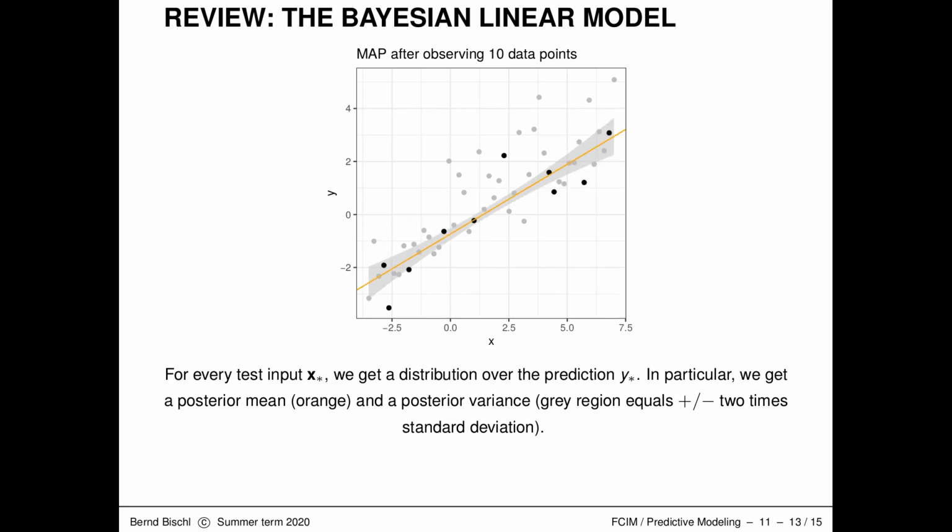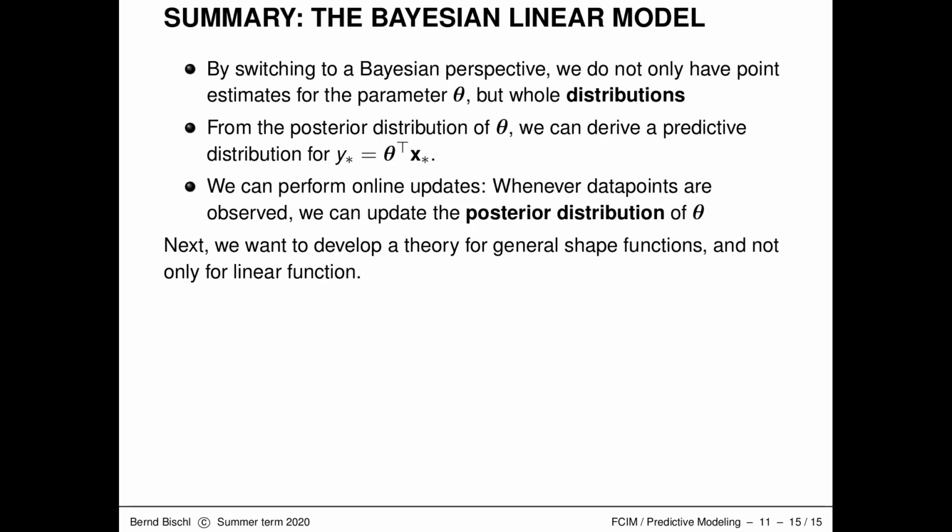I can do this after 10, and you can see how the envelope becomes, sorry, not shorter, more focused, centered around the orange MAP. So not that much new stuff going on here, just visualizing with a simple example what we have learned before. And after 20 data points, even sharper focused.